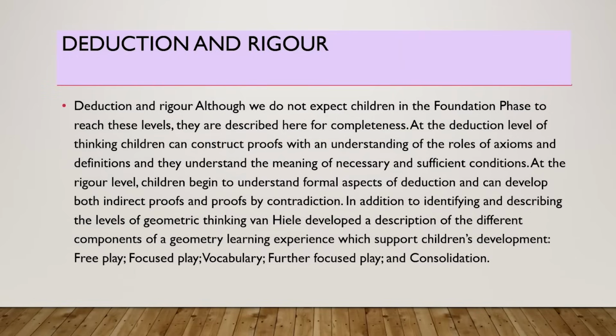At the rigor level, children begin to understand formal aspects of deduction, and they can develop both indirect proofs by contradiction, in addition to identifying and describing the levels of geometric thinking. Van Hiele described components of a geometry learning experience, which supports children's development. So he focused on free play, focused play, using the correct vocabulary, further focused play, and consolidation.